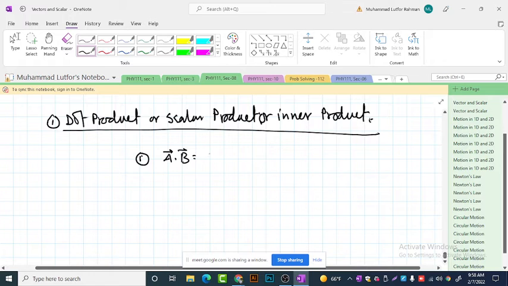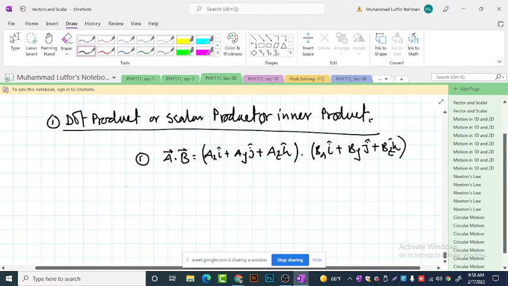That would be ax i hat plus ay j hat plus az k hat dot bx i hat plus by j hat plus bz k hat. Now what I'm going to do, I'm going to multiply this ax i hat with the rest of the quantity of the vector b.